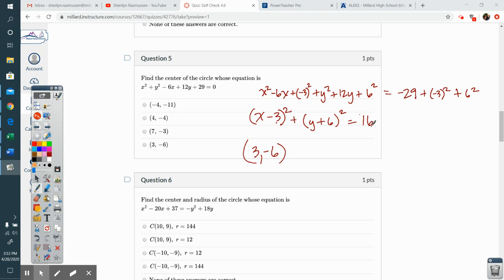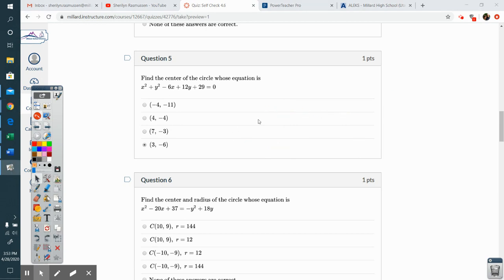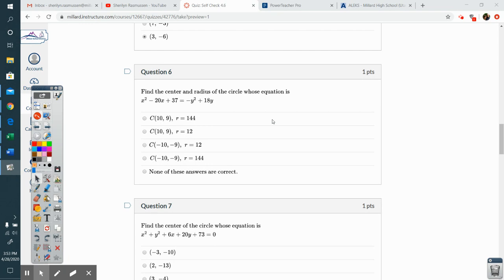My radius is the square root of 16, which is 4. So radius is 4. But the question for this one asks, what is the center? So you select that one for the center. Okay. Here we go for one more example.